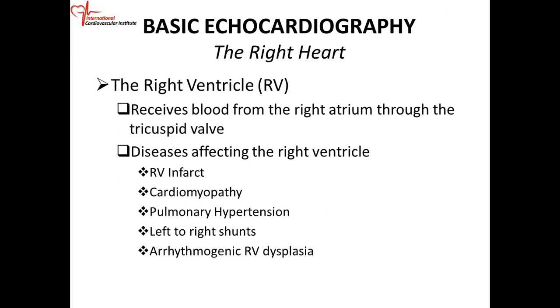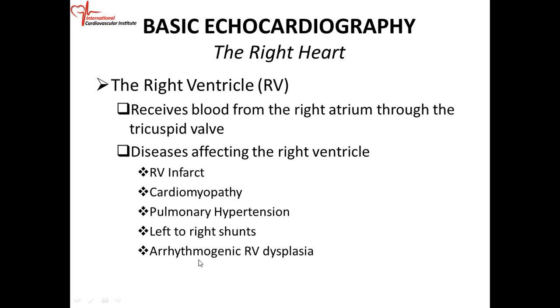And arrhythmogenic RV dysplasia. Whenever you see this, what it means is the right ventricular muscle is replaced by fibrofatty tissue. Fibrofatty tissue cannot contract. So therefore, you're going to lose the contractile function of the right ventricle. So that's what this means.